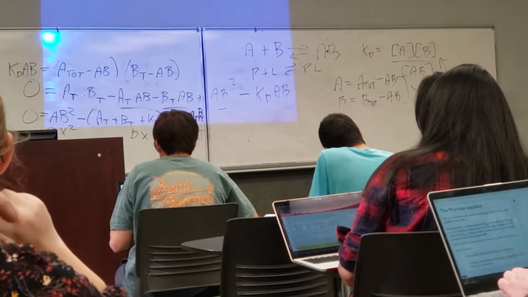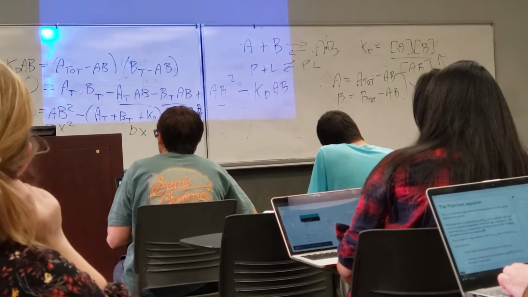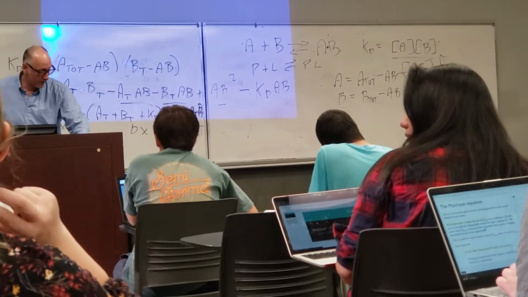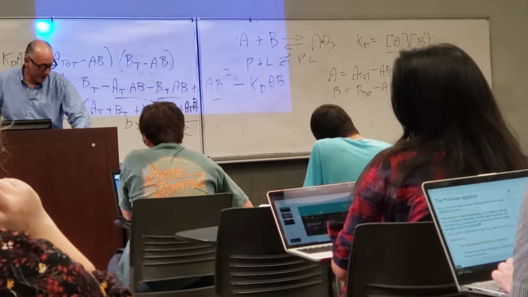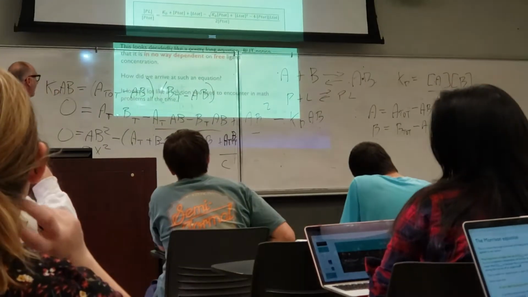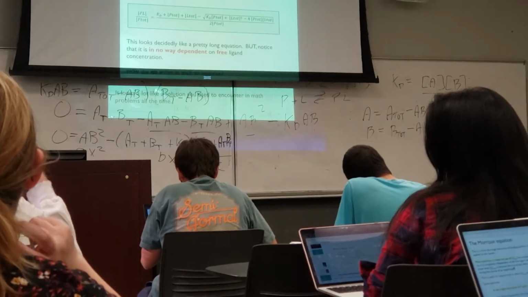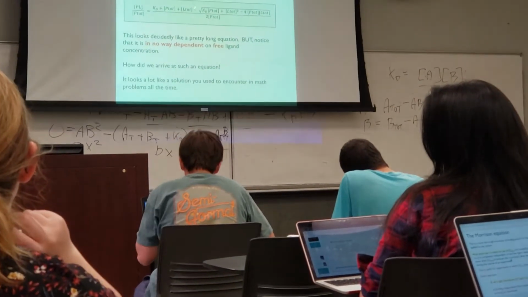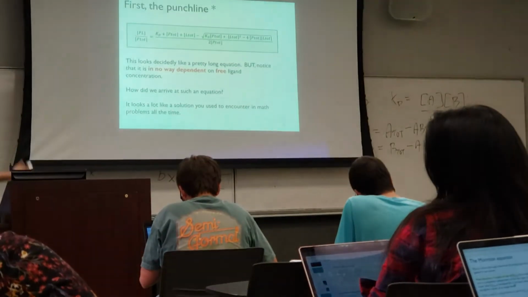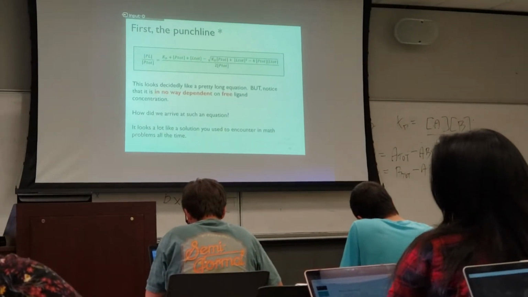So once I have that, that's where that big Morrison equation comes from. So now, the big punchline of it is that there is no free ligand assumption. All the ligand is in terms of L total. Experimentally, I know what that is.